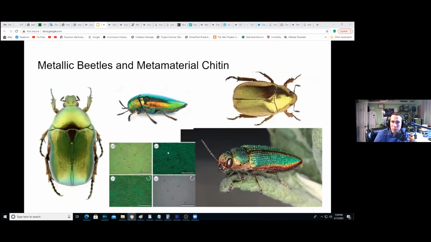Then we get into metallic beetles. So we talked about metals and nonmetals on that periodic table, but it turns out you can take purely organic compounds, nonmetals, and make them look like metals by etching them. And these are etched biologically, but nature is sort of doing it in this case with these beetles and these skin coatings. When we look at these different beetles under this SEM image, it looks like a series of dots and dashes.